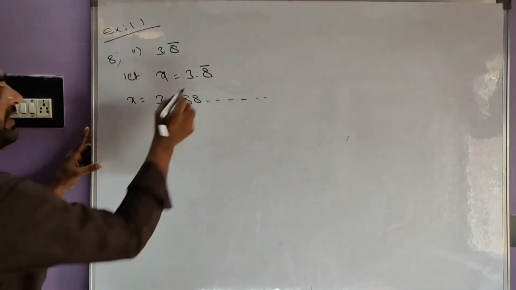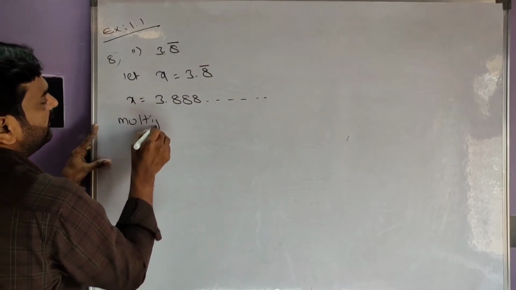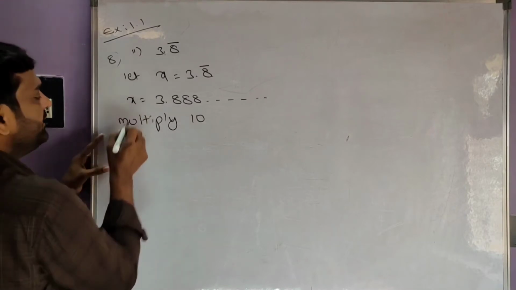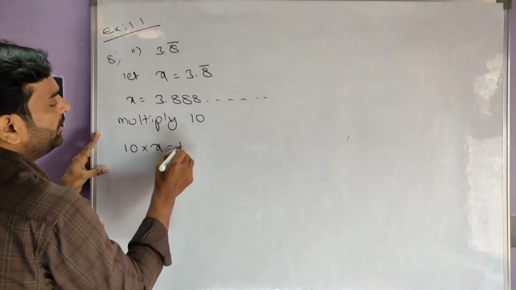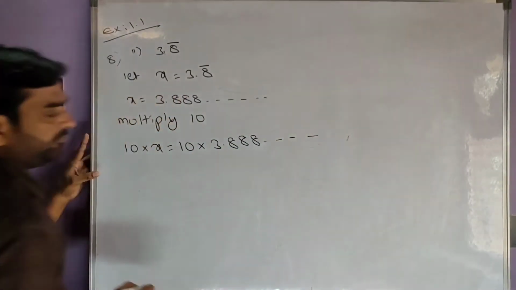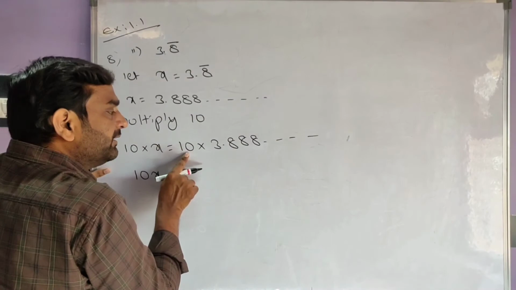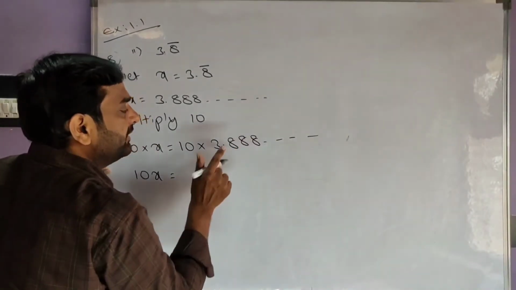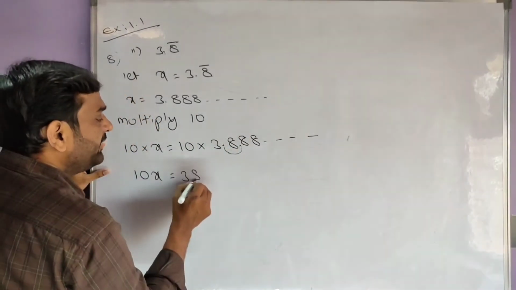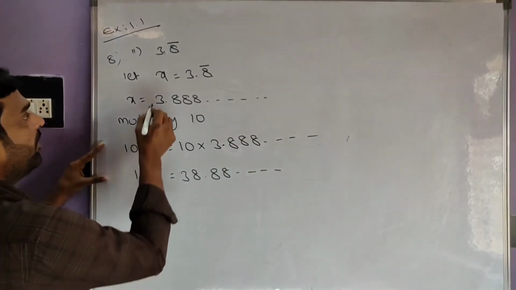Now here periodicity is 1, so multiply with 10 both sides, then it becomes 10 into x is equal to 10 into 3.888 and so on. 10x, if you multiply 10 to the 3.888, the point moves one step forward, so it becomes 38.88 and so on.